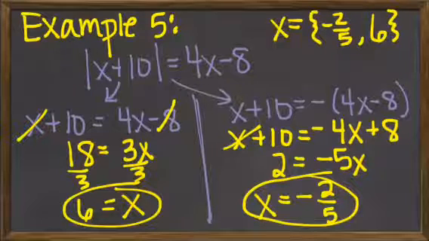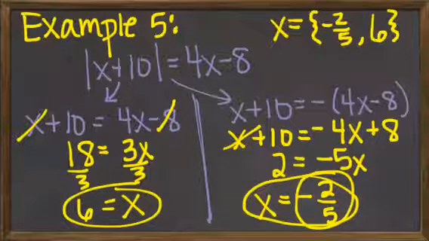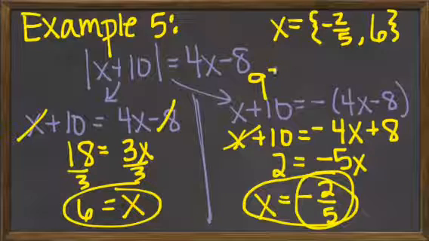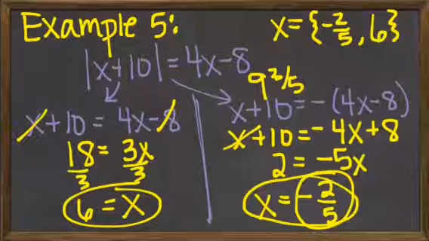And I'm going to plug it in and check. I'm going to plug in the negative 2/5 first. So if I plug in negative 2/5 plus 10, that's going to give me 9 3/5. And if I plug that into the other side here, let's see, 4 times negative 2/5 minus 8, that is going to give me negative 9.6.